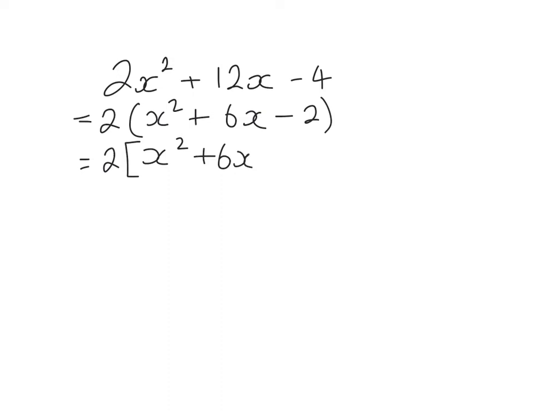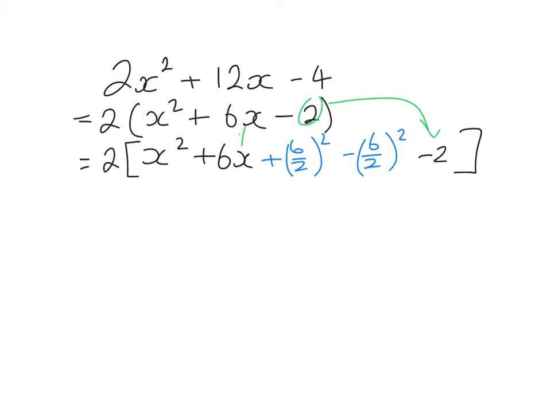Then if you remember, we go plus 6 divided by 2 squared, and then take away 6 divided by 2 squared. It's always divided by 2 when you're adding those 2 terms in. And then we're going to take away 2 as our last term. Now just remembering that 2 there goes down to there, and then those terms just go straight down. This 6 divided by 2 is what goes into these bits here. So equals 2 square bracket.